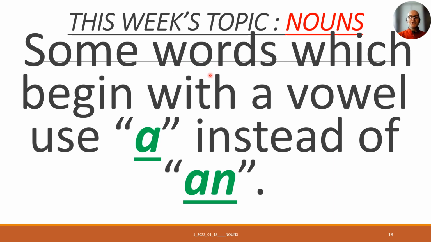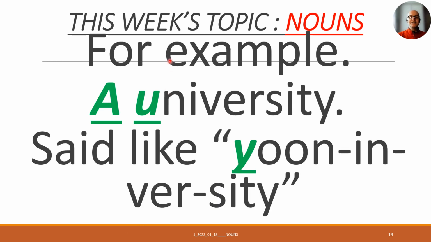Some words which begin with a vowel use a instead of an. For example, a university. Now, the reason that it's a instead of an is because of how it's said.